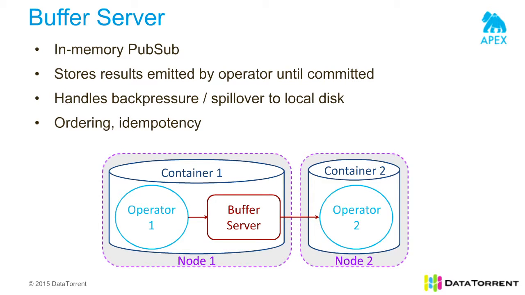That means an operator that is producing faster than the downstream operator can consume will be able to run at the speed of spilling to disk until the intermittent spike is processed and the streaming returns back to in-memory only. The buffer server maintains ordering of the windows, and this is important for the ability to replay events in an idempotent manner.